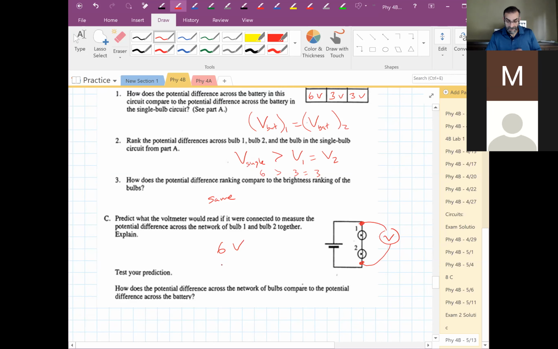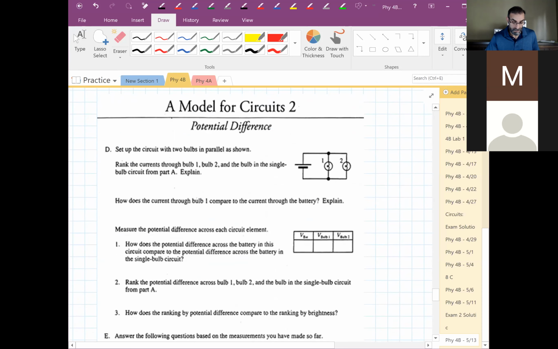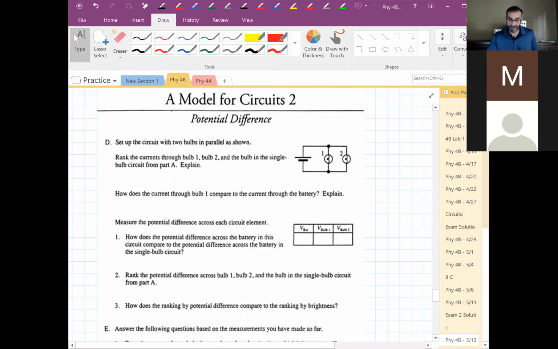Okay. So those were in series. Now we're going to do the same thought exercises for bulbs in parallel.